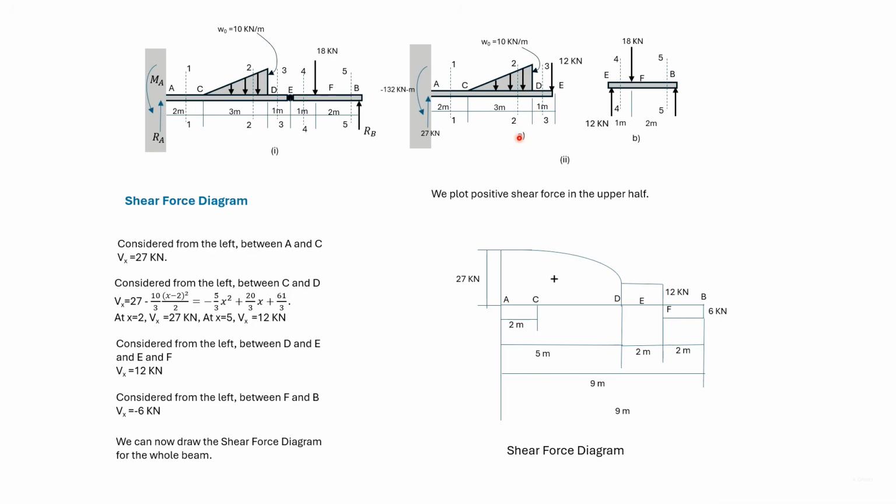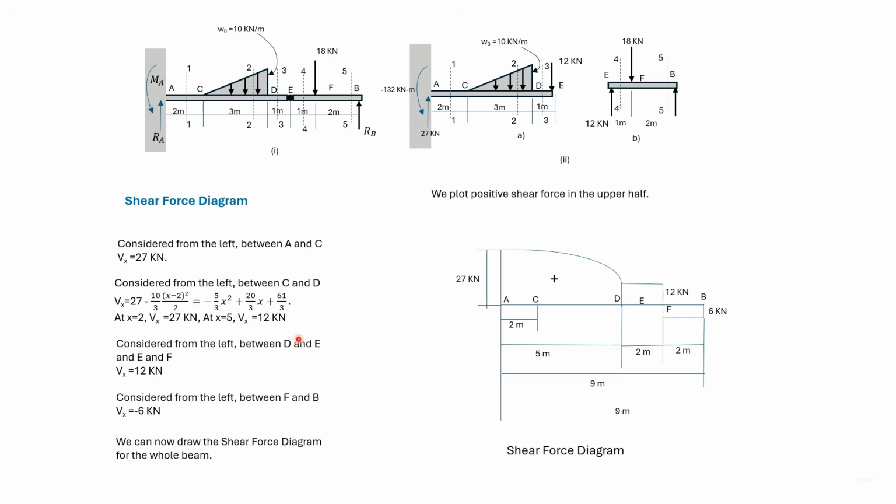At D and E, the shear force was found to be constant at 12 kilonewton. At D, the shear force is obtained in two different ways and match, which serves as a check for particularly this expression.